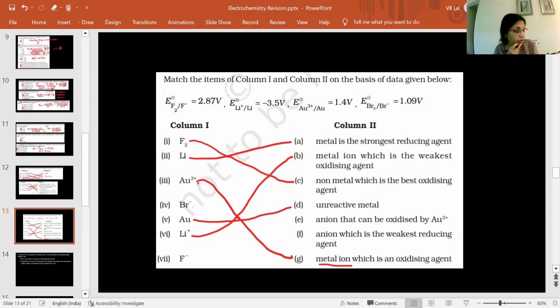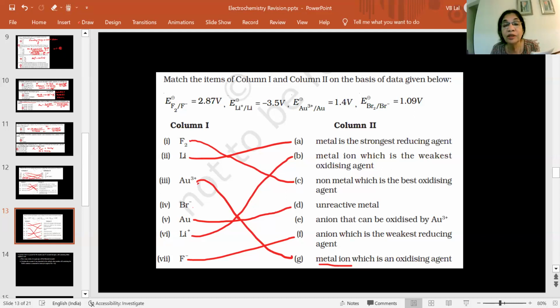So the seventh one can be F, an anion which is the weakest reducing agent. Fifth one, an anion which is the weakest reducing agent, right? Because it is the strongest oxidizing agent, right? It is the strongest oxidizing agent because it has the highest reduction potential. So it should be the weakest reducing agent.